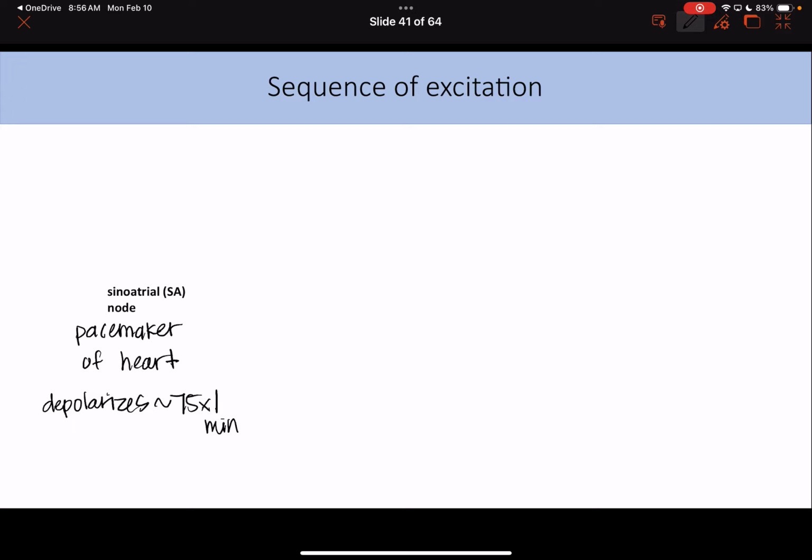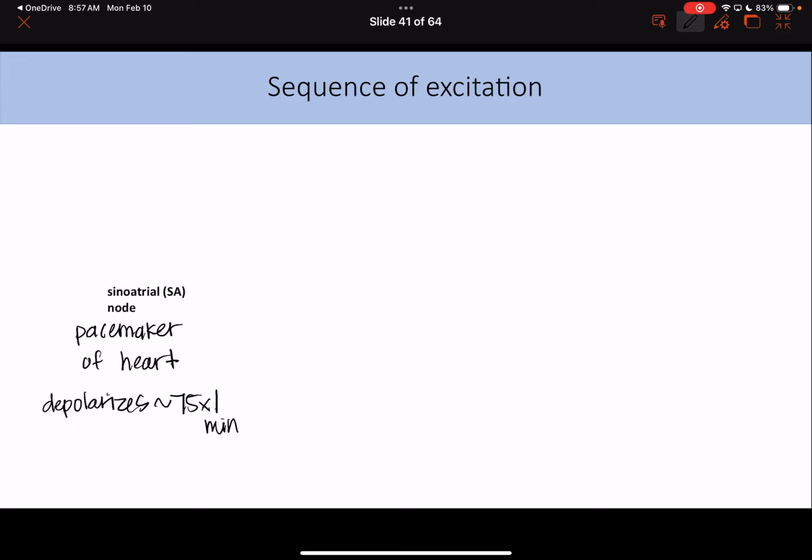Right now, we're just talking about excitation and depolarizing the cell. If I ask you for a depolarization rate, you're going to tell me times per minute. If I say the depolarization equates to what heart rate, then you would tell me beats per minute. Those are two different units and two different measurements. So depolarization rate is in times per minute versus a heart rate is in beats per minute.